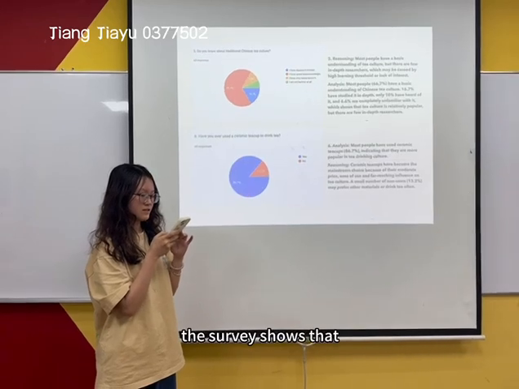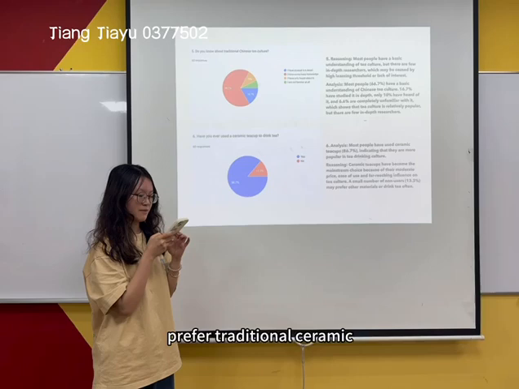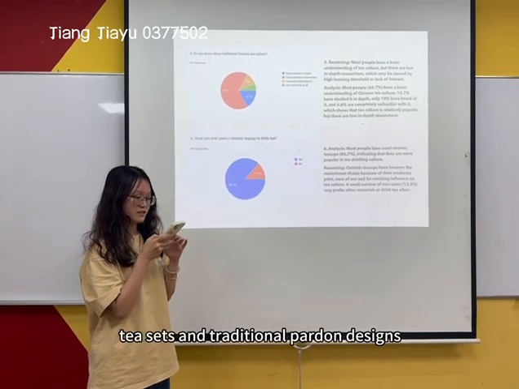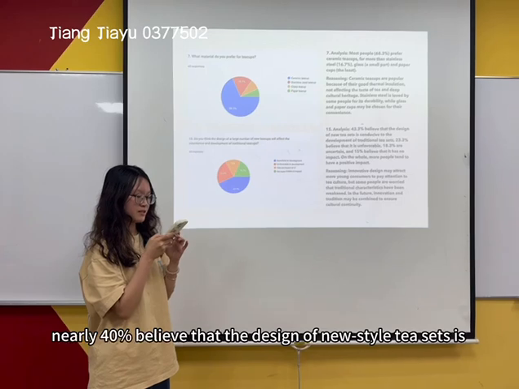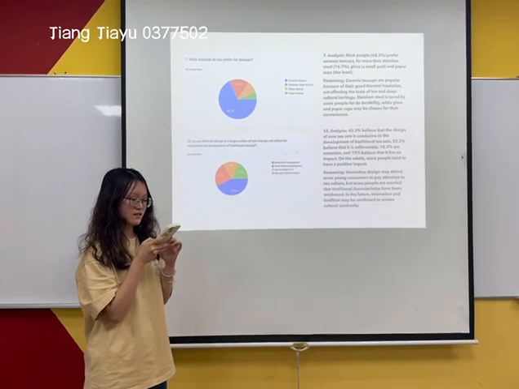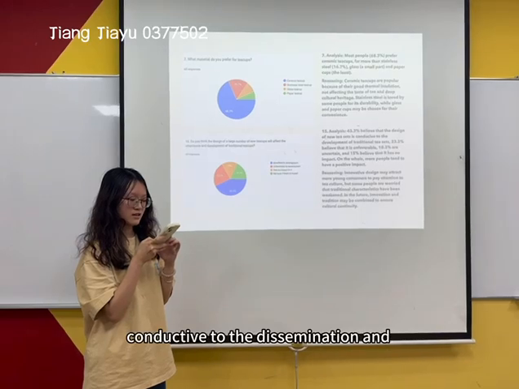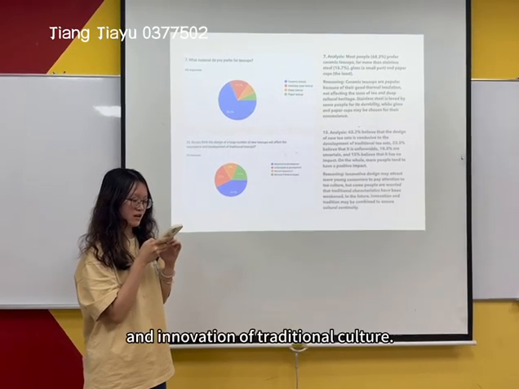The survey shows that although the majority of people prefer traditional ceramic tea sets and traditional pattern designs, nearly 40% believe that the design of new style tea sets is conducive to the dissemination and innovation of traditional culture.